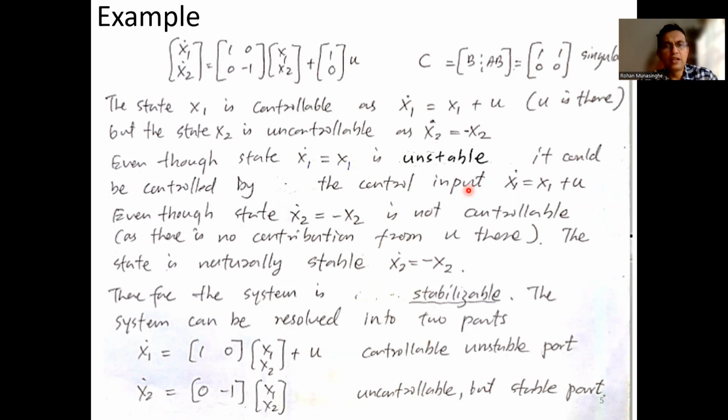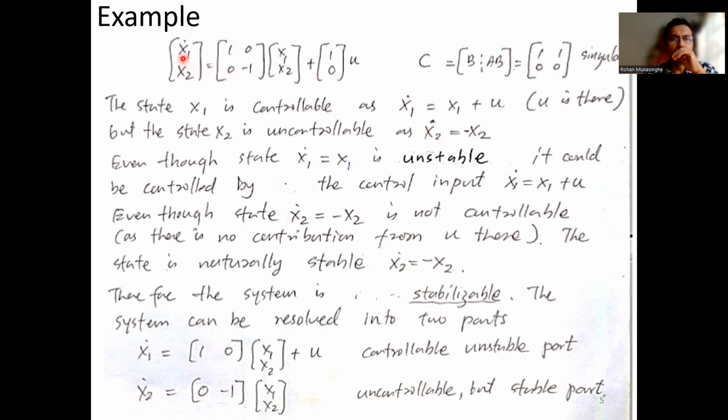Now let us dissect the problem and see why it is not controllable. This is what we had earlier. The controllability matrix is singular, so it's not controllable. Now, if you expand this set of equations, in fact the state space model is a set of equations put together in matrix format.